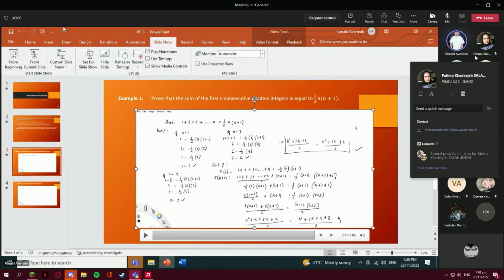Ito pa rin yung 1 plus 2 plus 3, the sum of the first n consecutive positive integers. What if n is equal to 6? Who wants to answer? Riyaga. What is your answer? 21 po. 21. How did you do it?